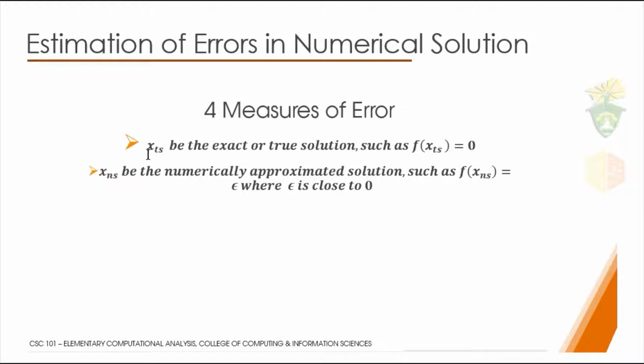So x sub ts represents the true answer, and x sub ns will represent the numerically approximated solution, such that f of x sub ns is equal to epsilon, where epsilon is close to 0. So if x sub ts is the true solution, that means this is the exact answer. X sub ns is the approximated answer.